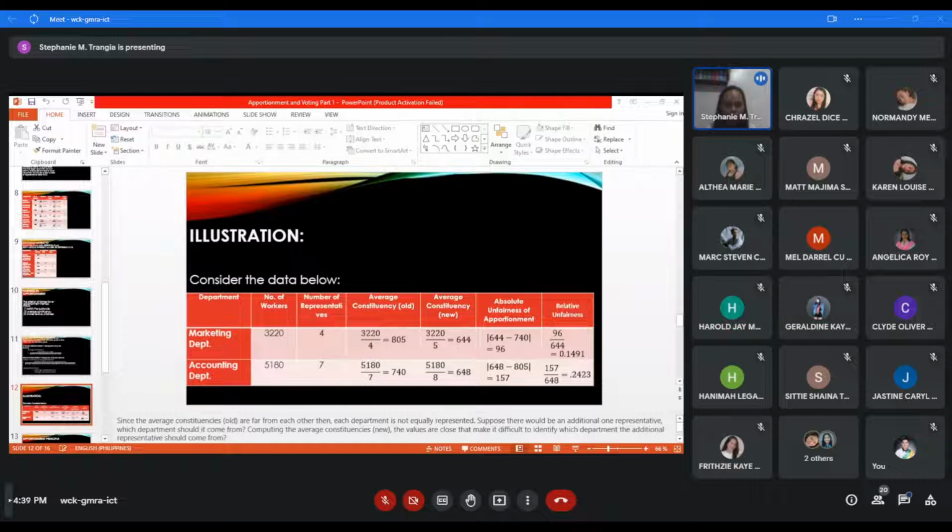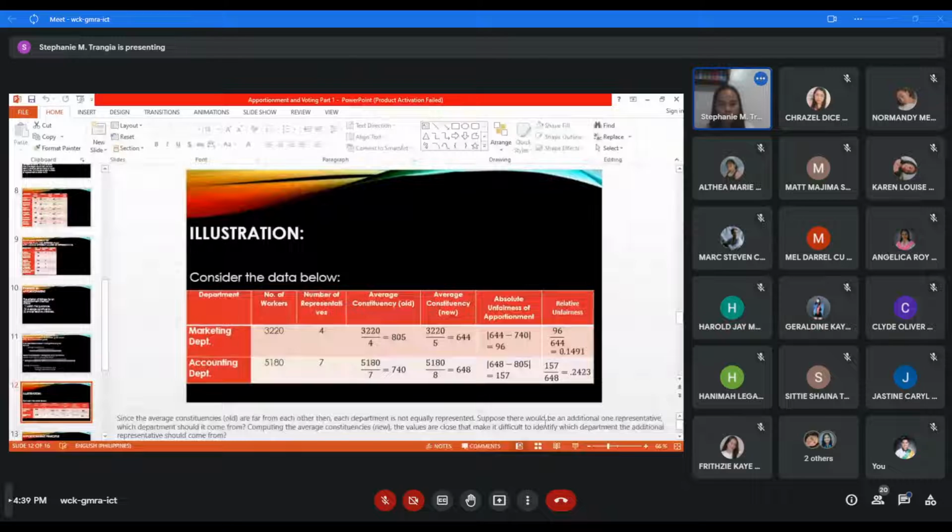Then for the absolute unfairness of apportionment, you simply get the difference of the average constituency of new for the marketing department minus the average constituency of old for the accounting department. And for the accounting department's absolute unfairness, you subtract the average constituency of new for the accounting department minus the average constituency of old for the marketing department.